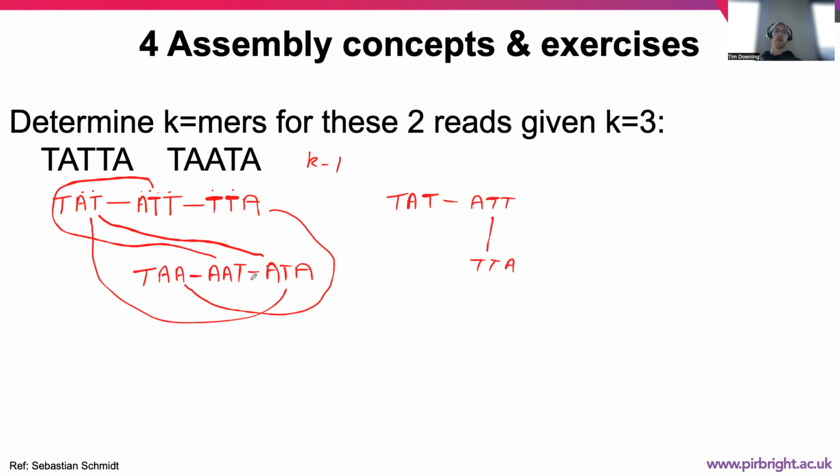If we join on this central one here, we have TAA, AAT, and then ATA. We can add those connections back on. So you have 2 connections from TAT going to these 2 here.